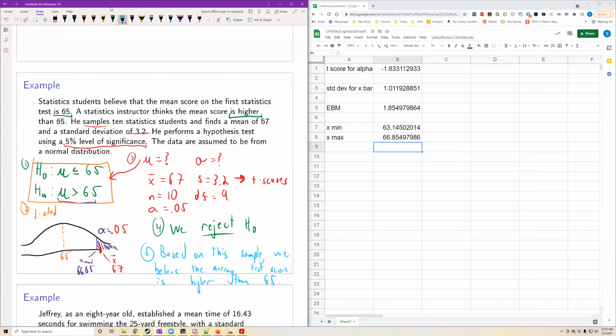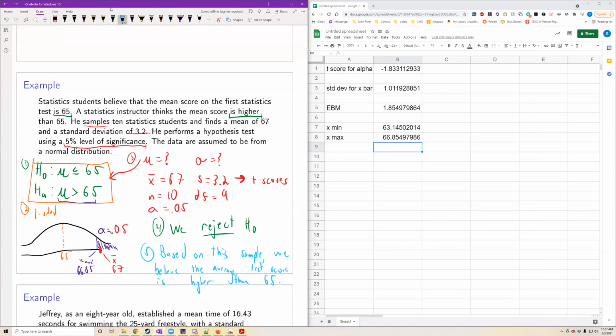Let's recap everything once more. We had a thought that the test score average was 65, and the instructor's belief said, I think the test score average is higher. We took a sample and we got a mean that was higher than 65. We need to figure out how weird it is. So we created a confidence interval. Because it's only one-sided, because we had suspicions only about it being very high, we only shaded one side.